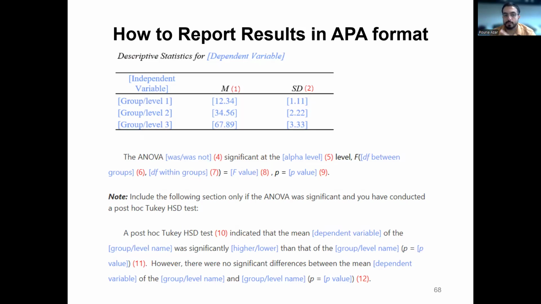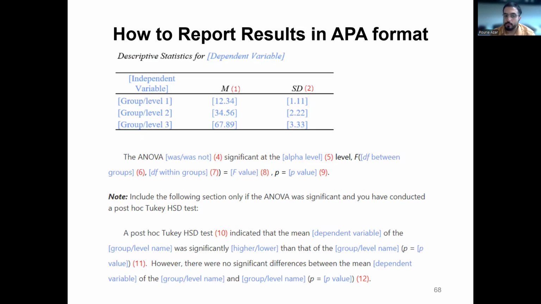And then we can report the F. Inside the parentheses, you have the degrees of freedom between groups, a comma, degrees of freedom within groups, close the parentheses, and you report your F test statistic, comma, your p-value. And if you find a significant result, then you have to have a post hoc test.